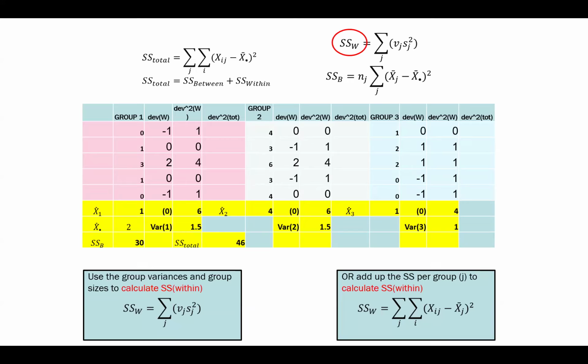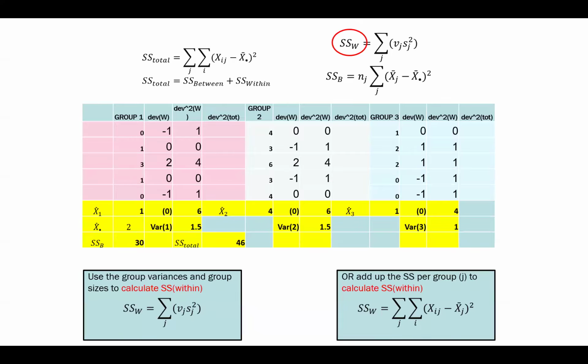It is just summing up all of the sums of squares that you've already calculated. Those are the first terms at the bottom of the deviation squared within column. So for group 1, that's 6. A little bit hard to follow everything along. It all depends on labeling.